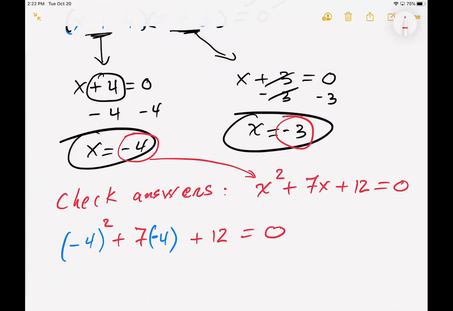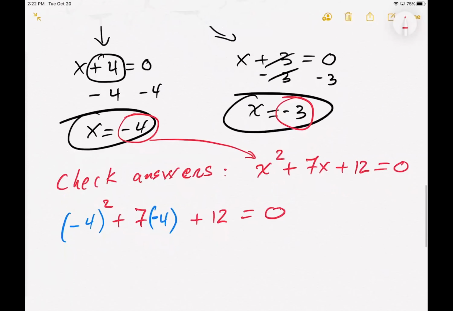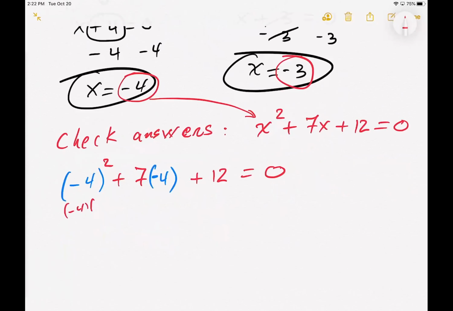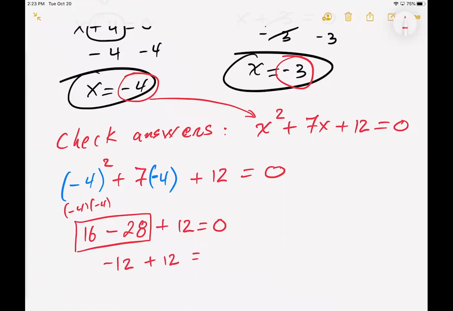If I plug in -4, -4 times -4 will give me a positive 16. -4 times a positive 7 gives me -28. Everything else stays the same. Do you agree that 16 minus 28 will give me -12? And what is -12 added to 12? Well, -12 plus 12 is equal to 0.